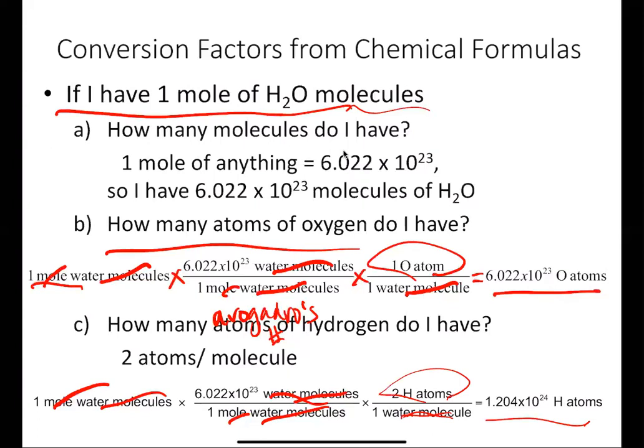Okay, so this is a new conversion factor that you will need to be able to do. 1 oxygen atom is in 1 water molecule, 2 hydrogen atoms are in 1 water molecule. And remember, there's always an invisible 1 after any element symbol in a formula that doesn't have a number after it.